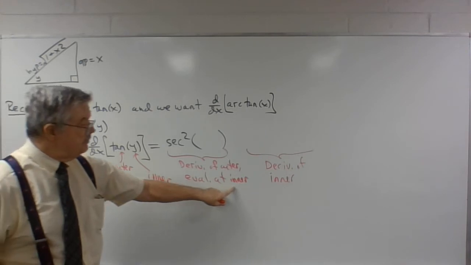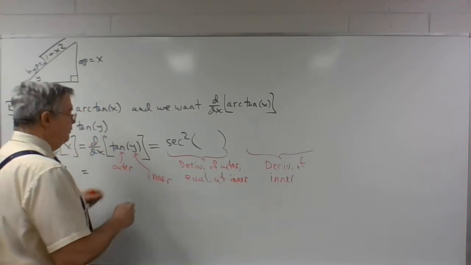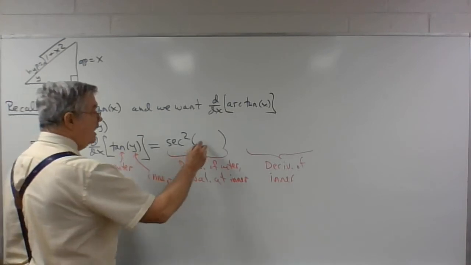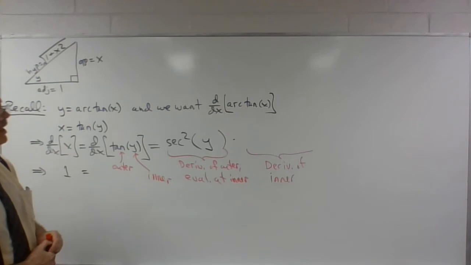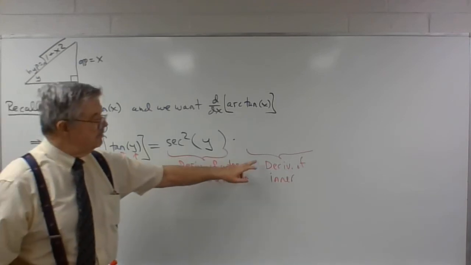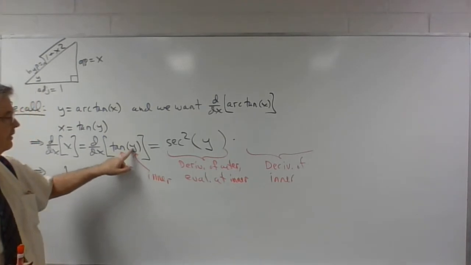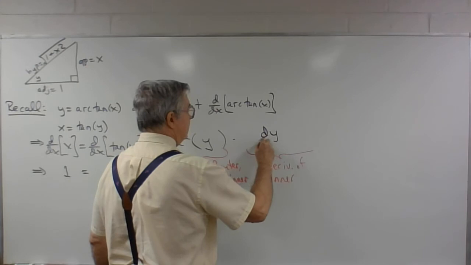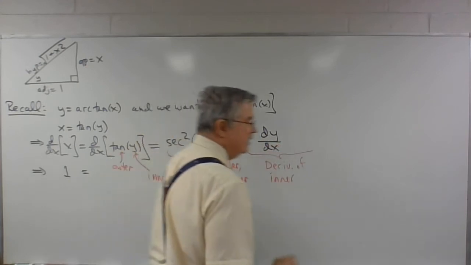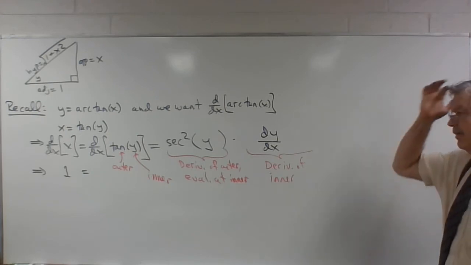And we're supposed to evaluate it at the inner function, which means we take our inner function y and plug it in there. And now we have to multiply by the derivative of the inner function. The derivative of y with respect to x is dy dx. There we have it.